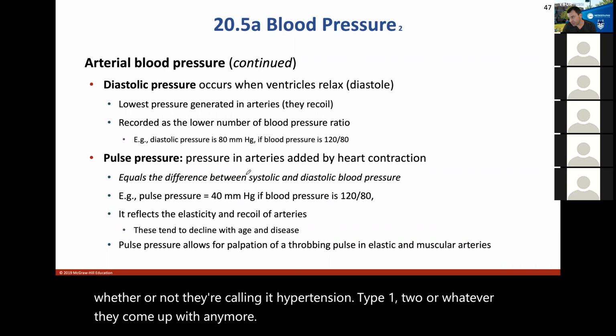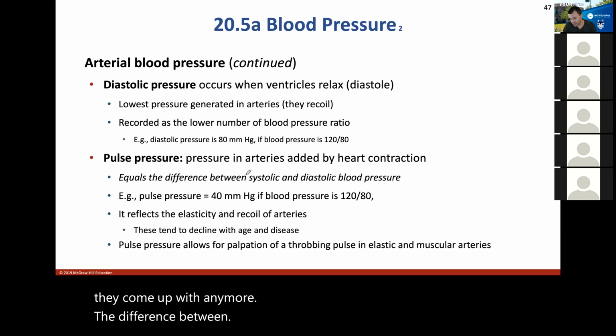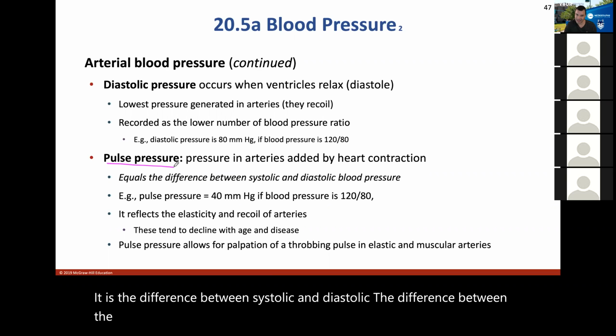The difference between systole and diastole is referred to as pulse pressure. It is the difference between systolic and diastolic, the difference between the heart contracting and the heart relaxing.